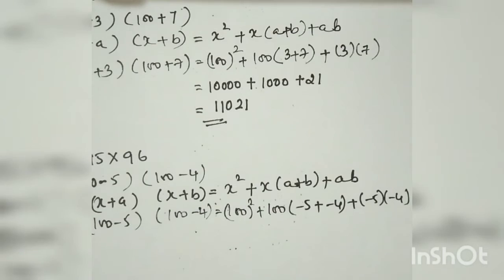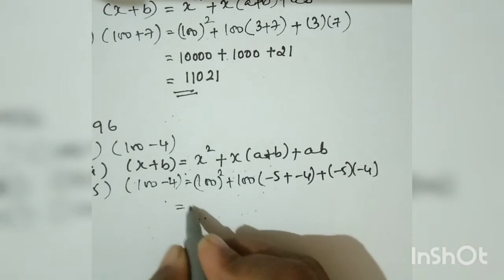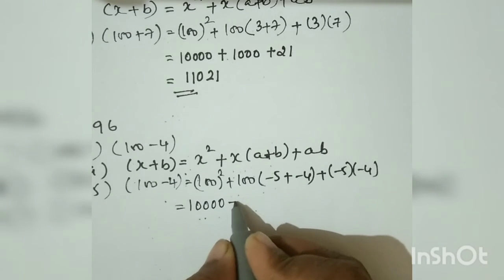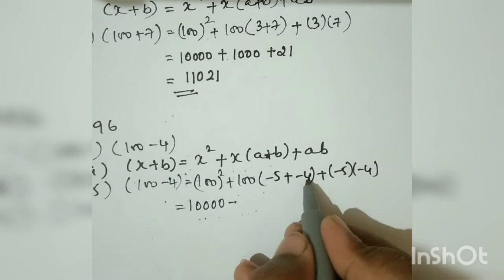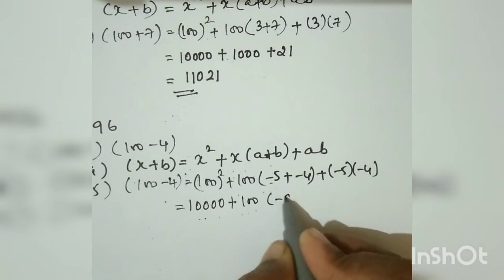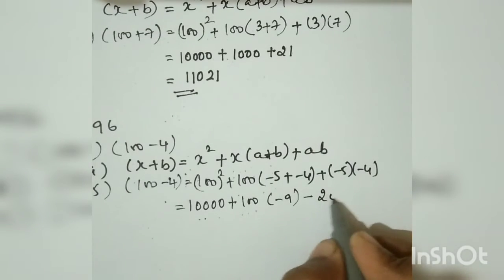So here you will get 100 square, 1, 2, 3, 4 zeros, and here you will have minus 5 minus 4 is minus 9, and minus 5 into minus 4 is minus 20.